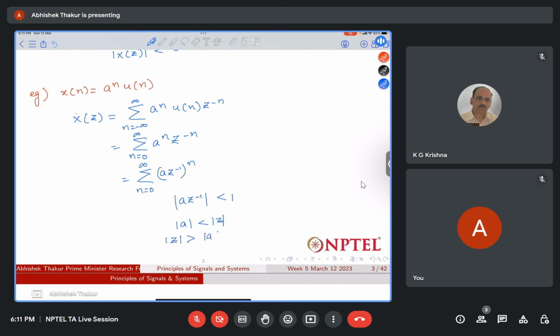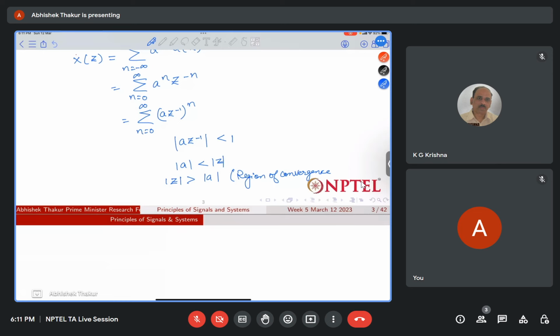So this is the region of convergence, because the summation above can be calculated only when a z inverse is less than 1. If it is greater than 1, then it is an infinite summation and the result will come out as infinite.